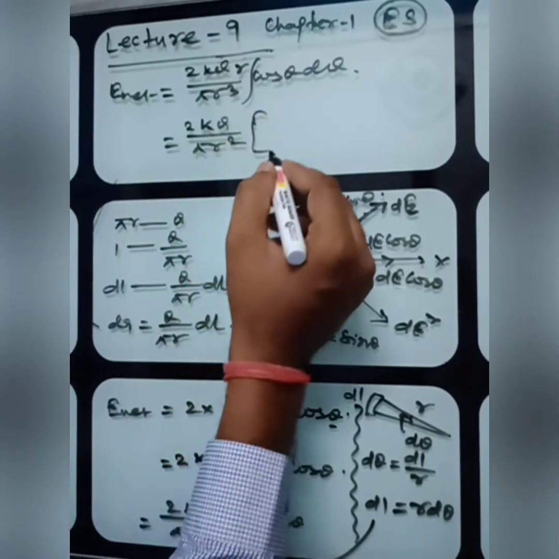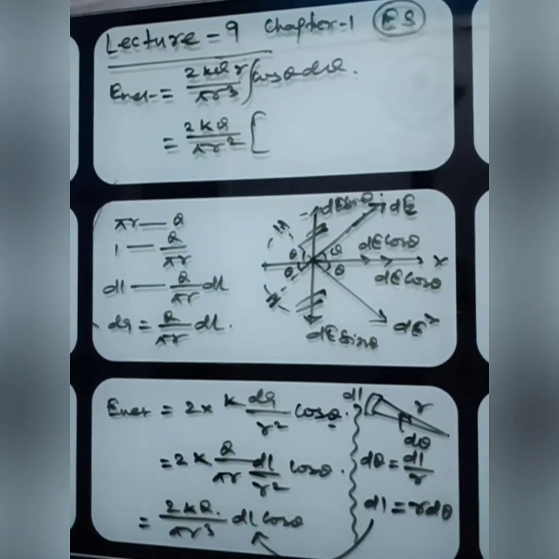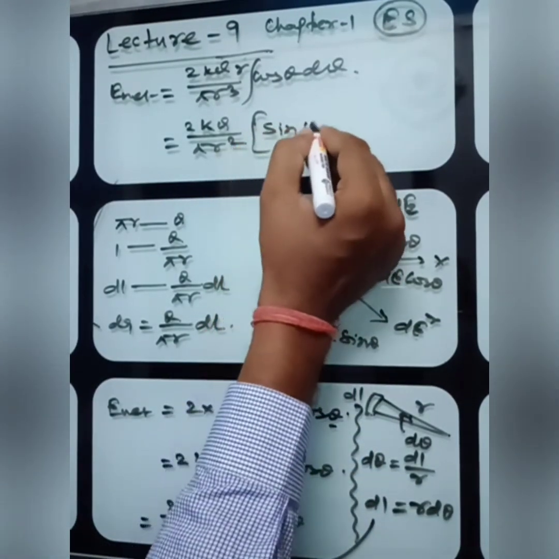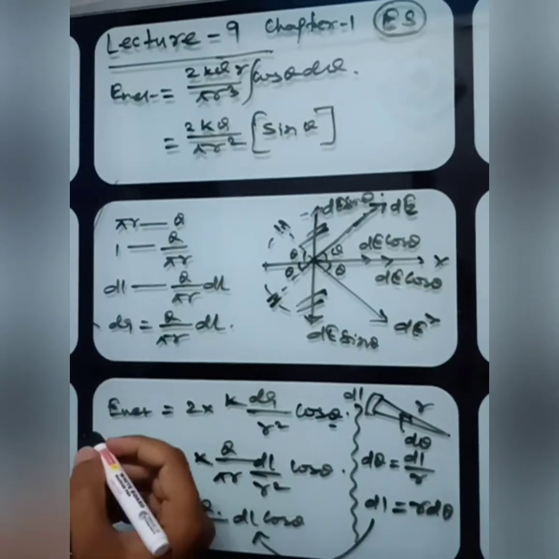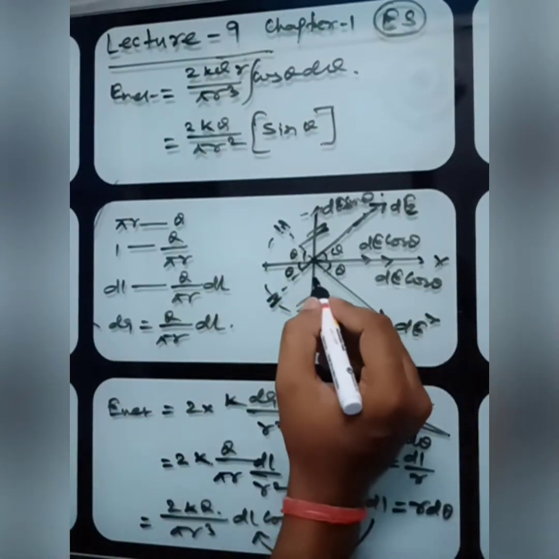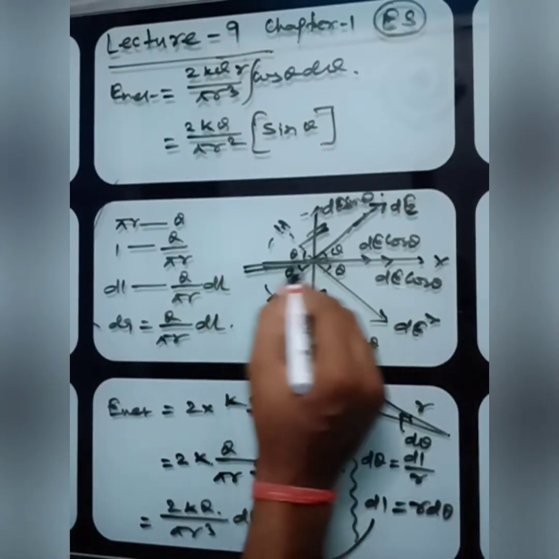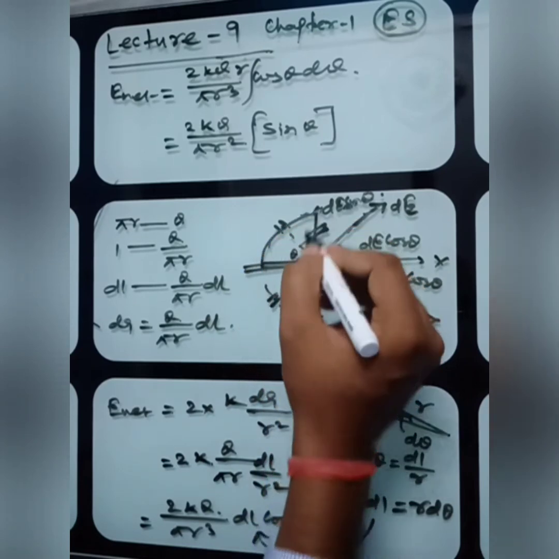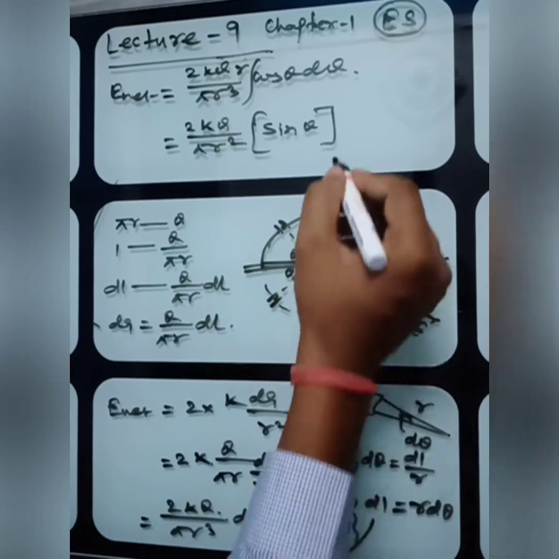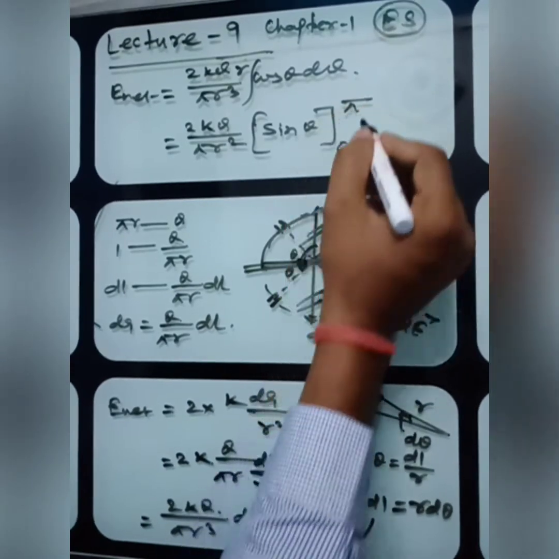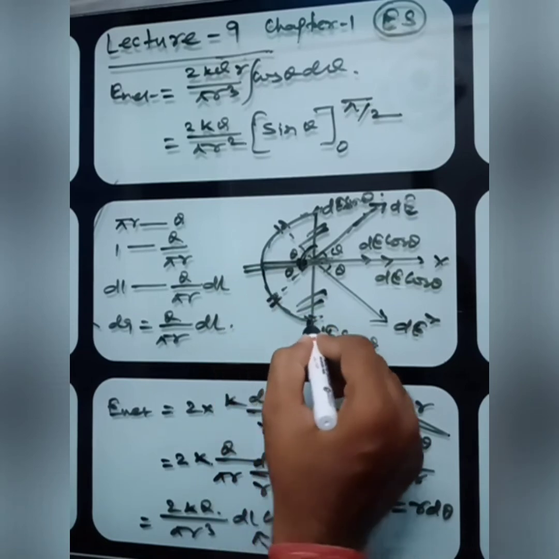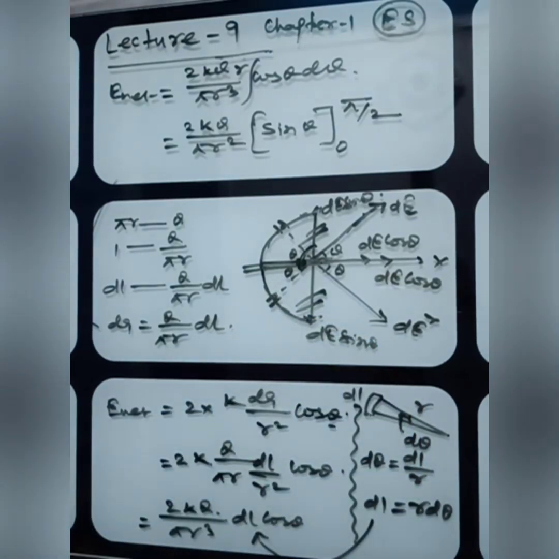Cos theta will be, the integration of cos theta is sin theta. Okay, so this angle theta is increasing from here, from 0 to, for the half one, it is from 0 to 90 degrees, pi by 2, and this will also integrate from 0 to pi by 2.